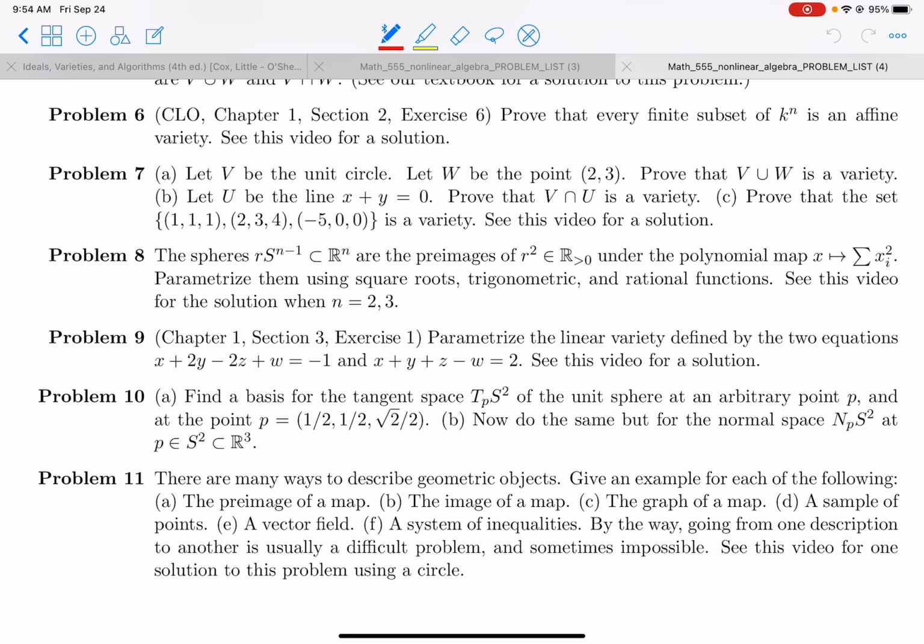And by the way, the reason the book will basically be dealing with pre-images of maps rather than images, aka implicit representations rather than parametrizations, is because most algebraic varieties do not have parametrizations, at least by rational functions.